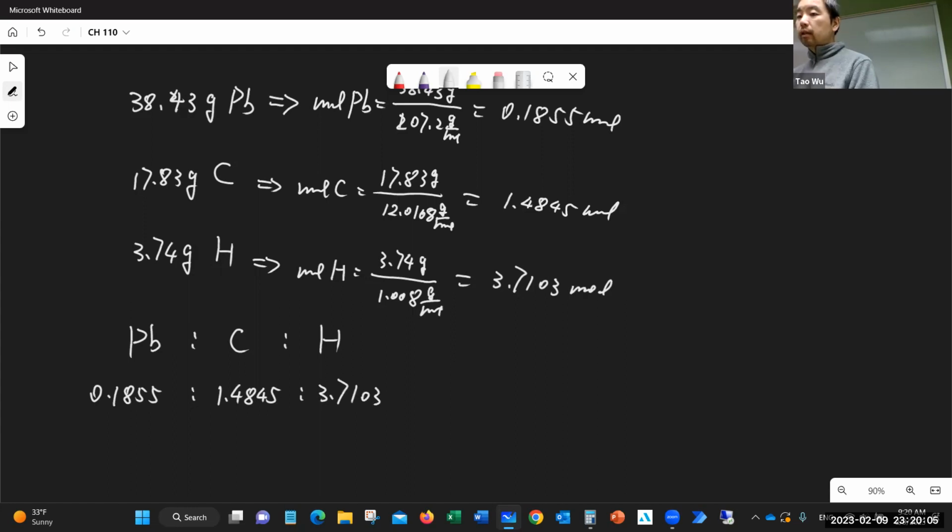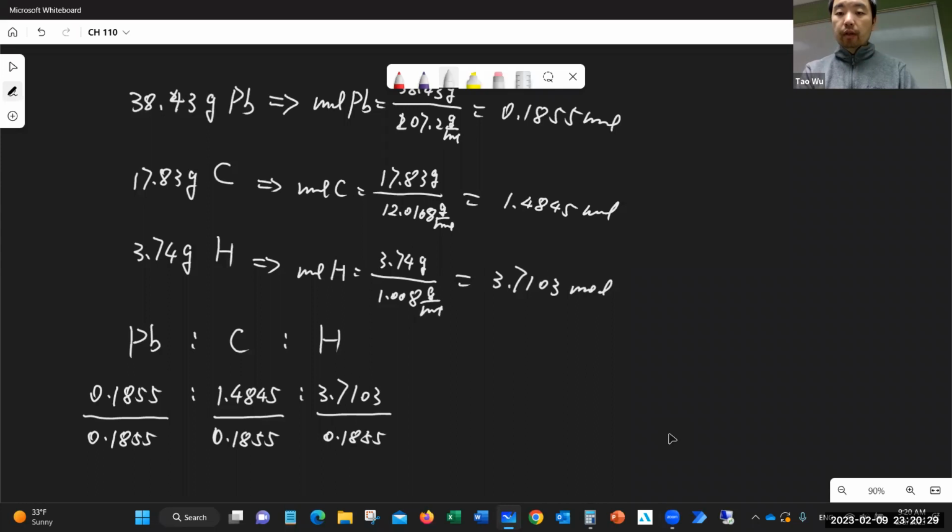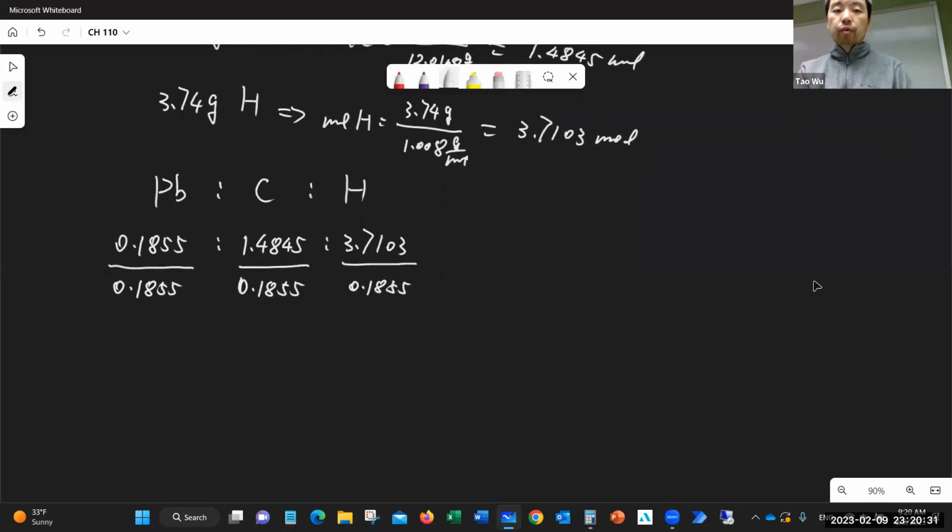Then again, you look at which one is the smallest mole number, and we're going to divide by that. So obviously this one is the smallest mole number, so we just divide by 0.1855, and this one divided by 0.1855. This one also divided by 0.1855. Okay, and then let's see what's the final ratio.